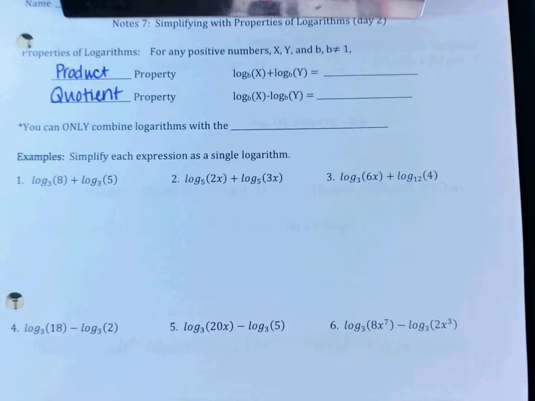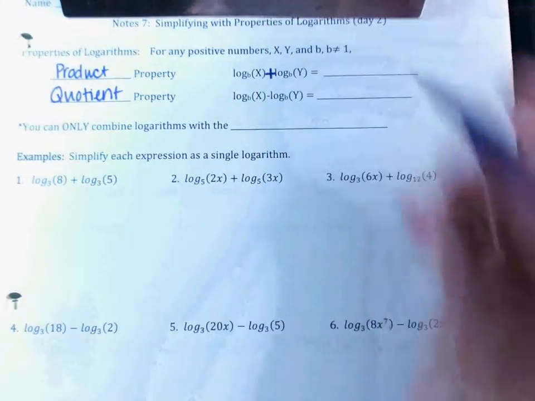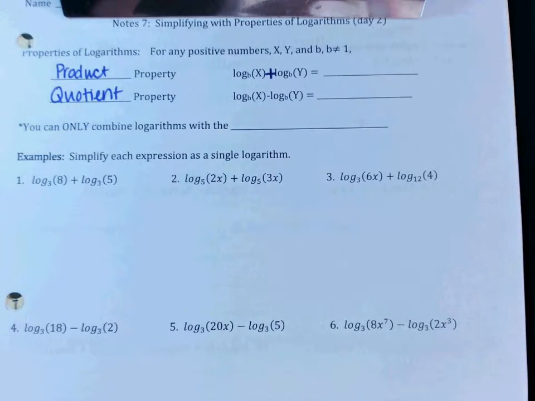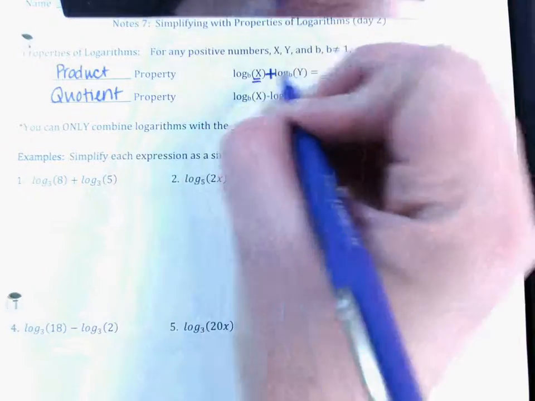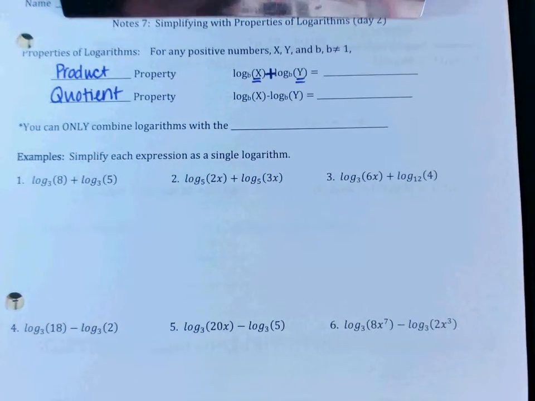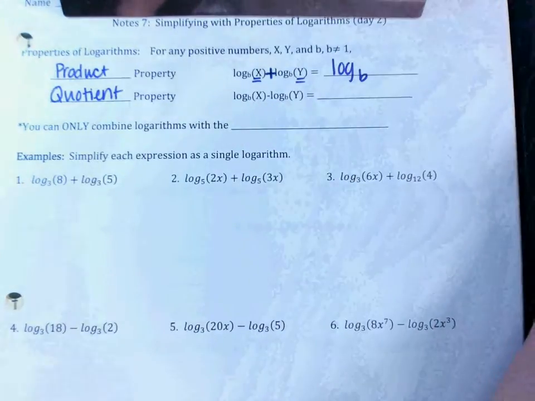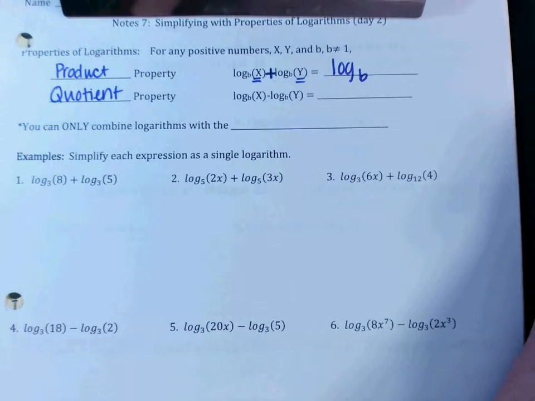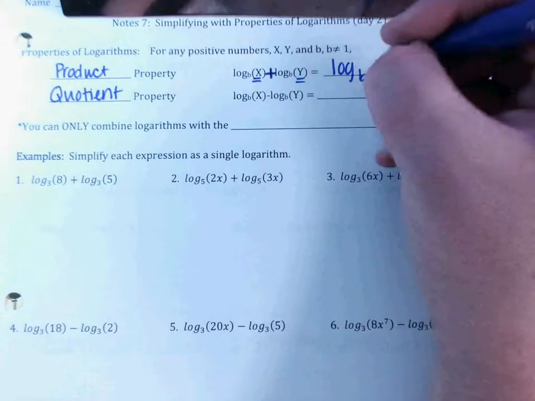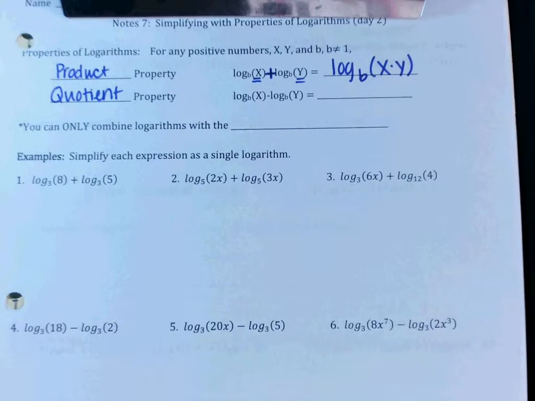So if I look at this top property right here, if you have a plus in the middle, then to put the logs back together, you need to multiply the argument, which is like this thing and this thing. So you'd combine them into one log, so it'd be log little b. And then in the parentheses, if x and y were added as logs, they'll be multiplied in the parentheses when you're combining them back together.